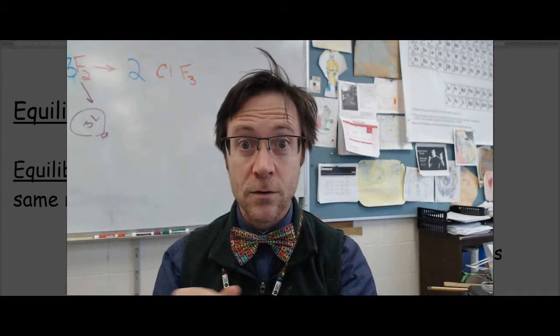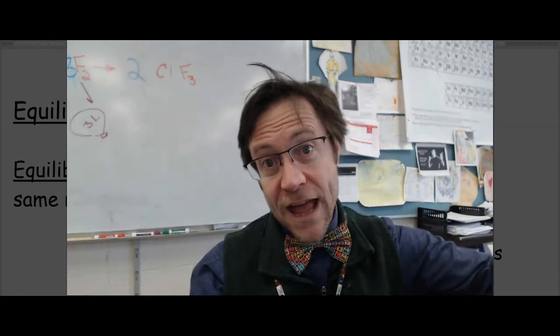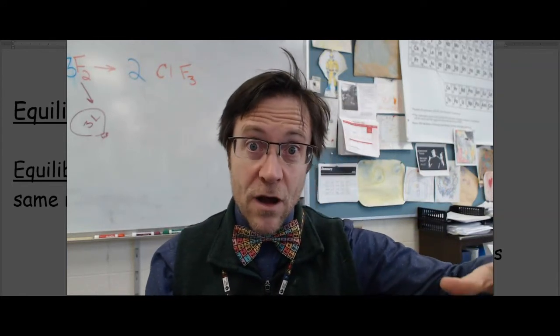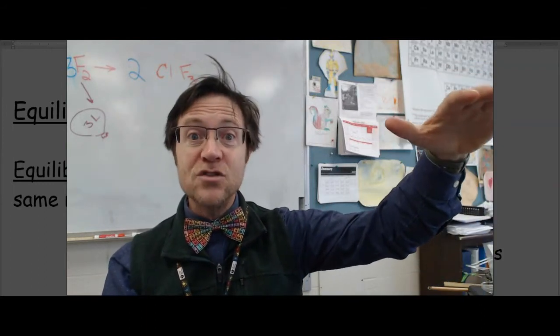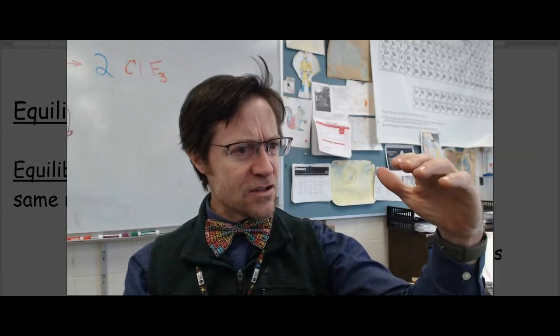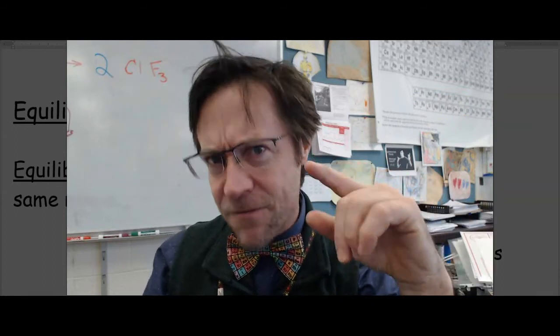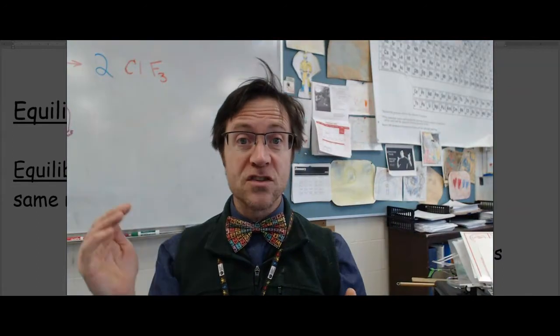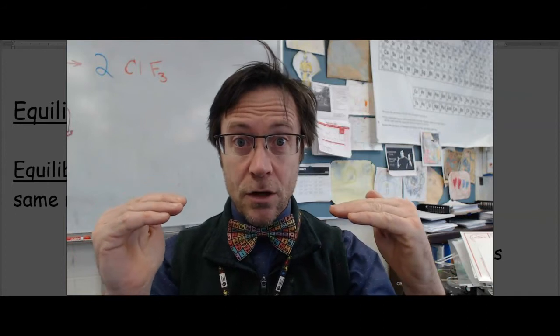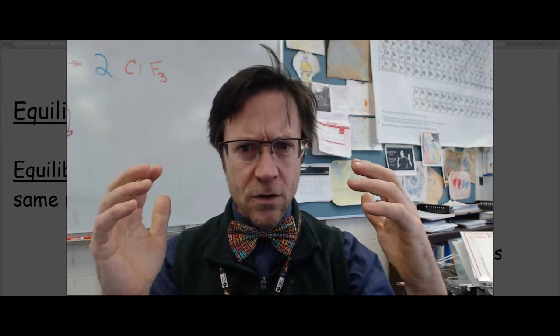Now, same thing, only the other direction. As the forward reaction goes, the amount of products gets more and more. As you get more products, the concentration of the products goes up, which means the rate of the reverse reaction is going to get faster and faster, until the forward reaction slows down and the reverse reaction speeds up, and they're going the exact same speed.